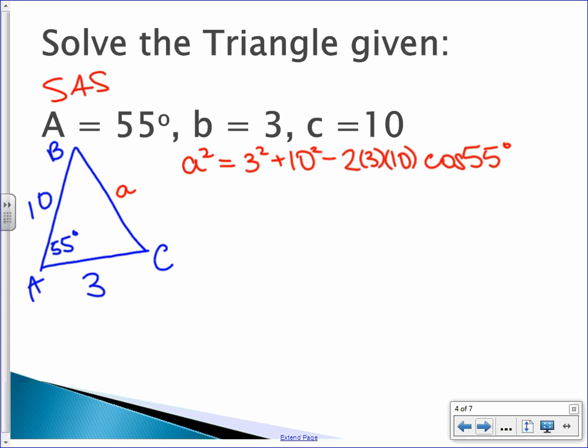Okay. Well, this is nice, isn't it? All you have to do is plug this into your calculator right here, right? And then do what with it? Take the square root.